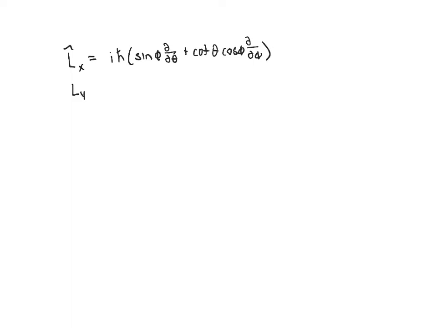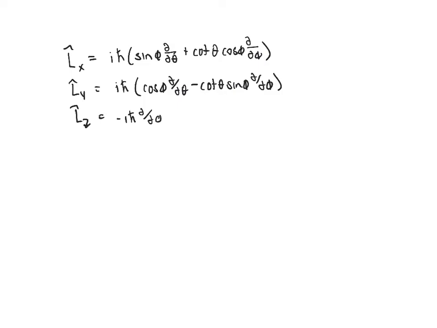The Ly operator is i h bar cosine of phi, take the derivative with respect to theta, minus cotangent of theta times sine of phi, take the derivative with respect to phi. And the Lz operator is equal to minus i h bar, take the derivative with respect to phi.